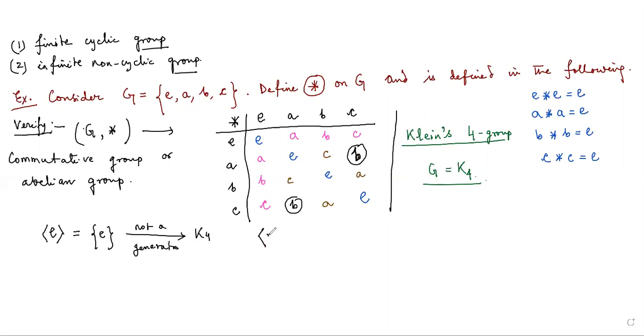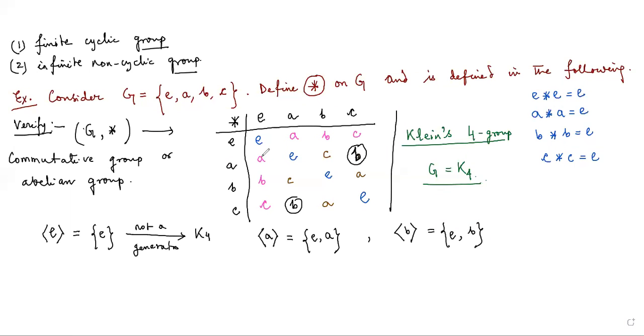Now, if I consider the element A, just look at the chart and verify that A only generates the elements E and A. No power of A gives you B, and no power of A gives you C. Again, the element B generates only the elements E and B itself.